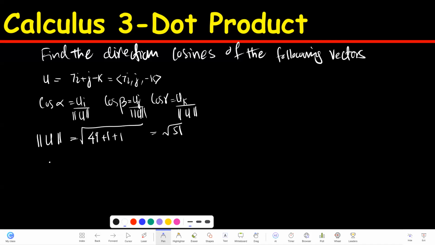So I'm going to substitute the value: cos alpha equals 7, which is my component, over the square root of 51. And if I solve from here, alpha comes out to be 11.1 degrees. Make sure when you solve this, you take the cosine to the other side and take the inverse, so you can find alpha.